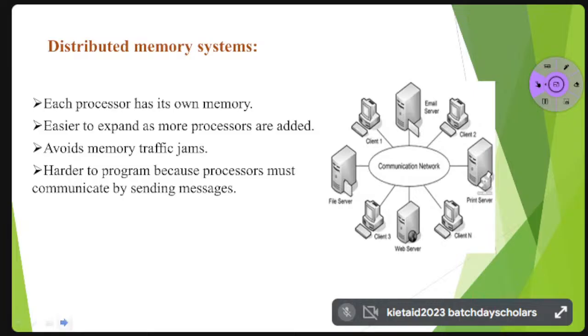Harder to program, because processors must communicate by sending messages. So here also you have to write somewhat complex programs to communicate from one individual system or client with another client using the communication network. There is a program you should run in a system to communicate with the other system.